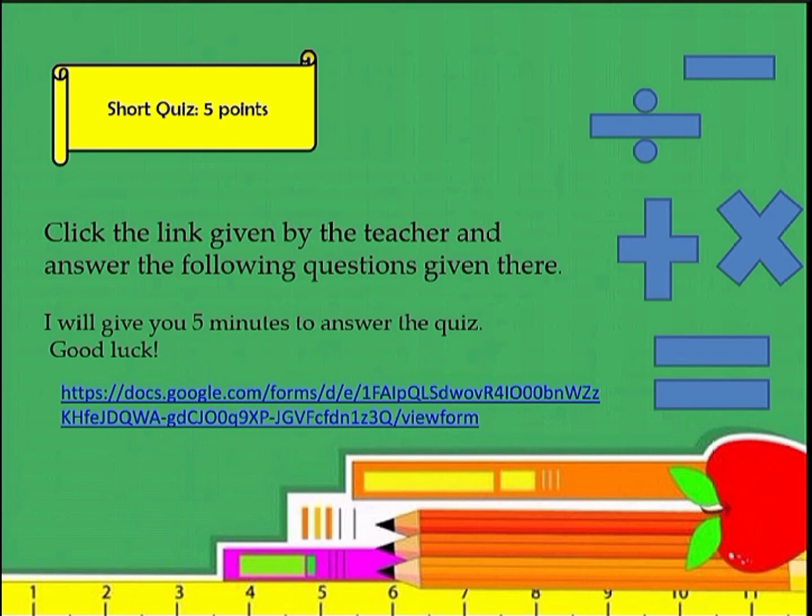So 5 minutes is more than enough, sobra pa para sagutan ninyo ang quiz na ito. So don't rush, take your time. You can use our mathematics dictionary as a guide para mas madali ninyong ma-translate yung mga questions doon sa ating quiz. So, you just have to click the link, then magdadirect na kayo doon sa ating quiz.